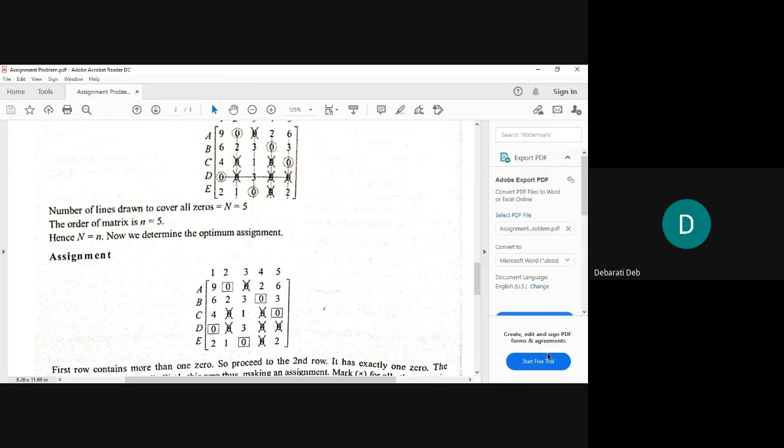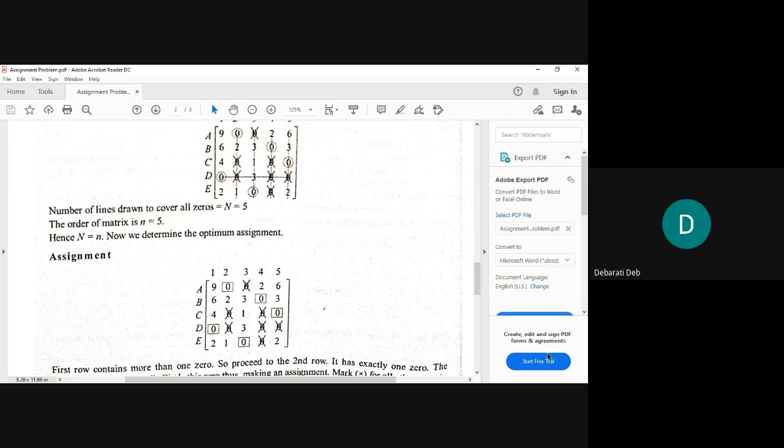Draw a fresh matrix in your copy, keeping the numbers the same. The numbers will be 9, 0, 0, 2, 6, then 6, 2, 3, 0, 3, then 4, 0, 1, 0, 0, then 0, 0, 3, 0, 0, and the last row will be 2, 1, 0, 0, 2.